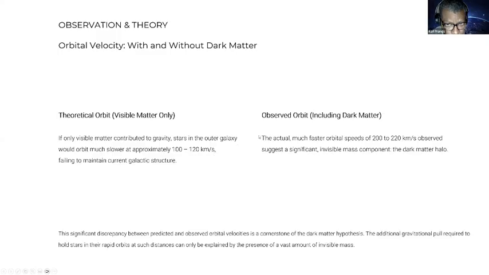But what we observed is the velocity of the sun is about 200 to 220, right? And they find that if it was just visible matter, the velocities would drop off, right? So what's the takeaway from this?